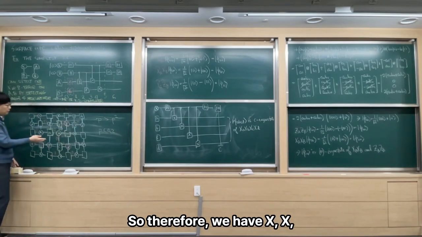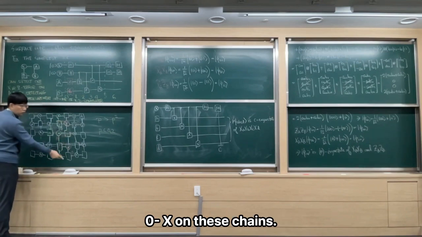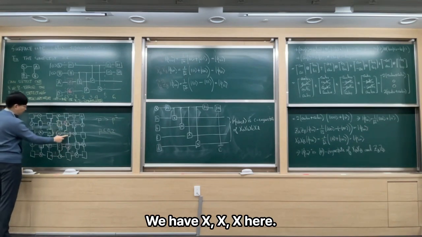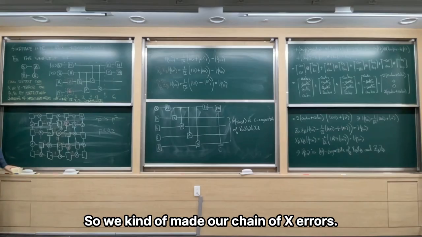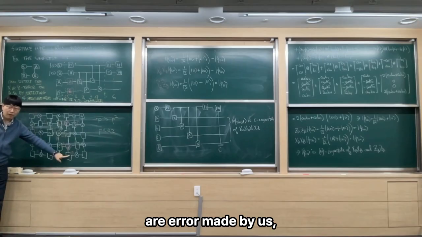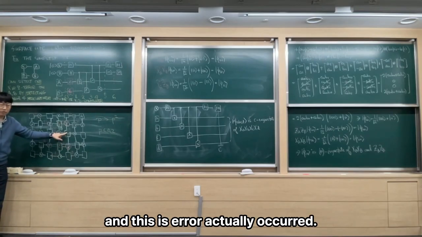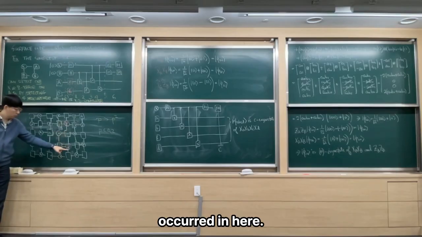Therefore, we have X, X, X on these chains. So we made our chain of X errors. These two X's are errors made by us, and this is the error that actually occurred. So whatever that is, we have a chain of X occurring here.